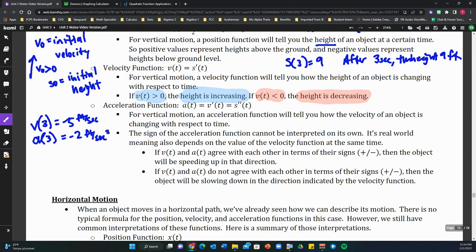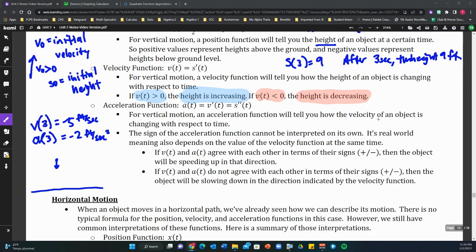What this means, again, in units, this is feet per second, and this is feet per second squared. So if I was describing the motion of this object, I know that at t equals 3 seconds, let's say my object is up here, my velocity being -5 feet per second is saying that at that exact moment in time, imagine I took a snapshot of a ball dropping. At that exact moment in time, this object had a velocity vector that was saying it is moving downward 5 feet every second.